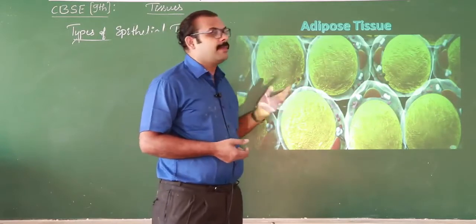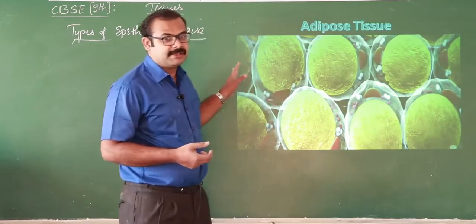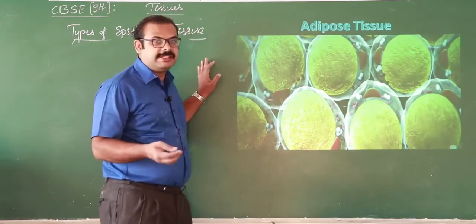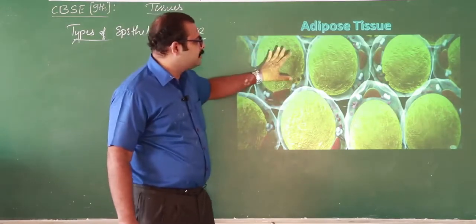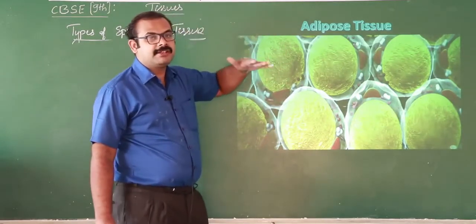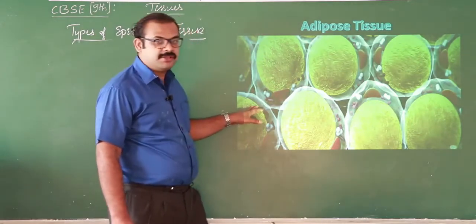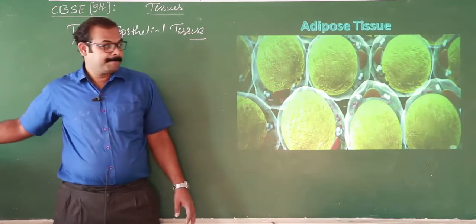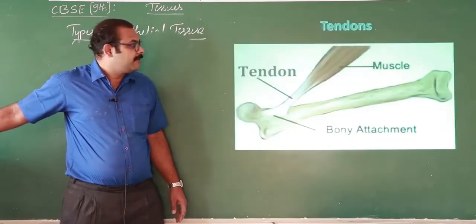And even in the case of dolphins, just below the skin you'll find a thick layer of this adipose tissue. Again, it prevents loss of heat from the body. So this is about adipose tissues. See, this is how they are packed inside the body.